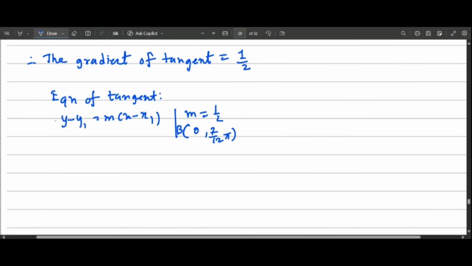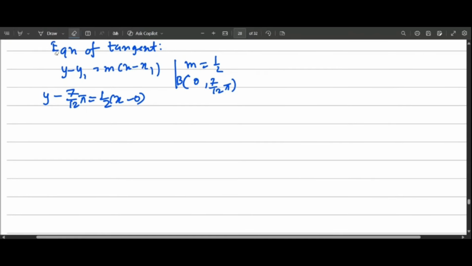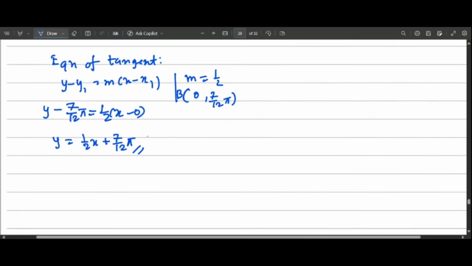Putting this information into their respective places gives y minus 7 by 12 pi equals half (x minus 0), which means that y equals half x plus 7 by 12 pi. I will write this more clearly: y equals half x plus 7 by 12 pi. This is the equation of the tangent.